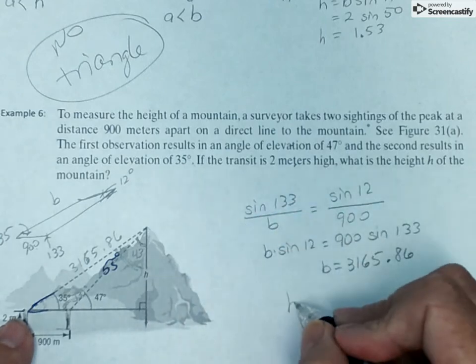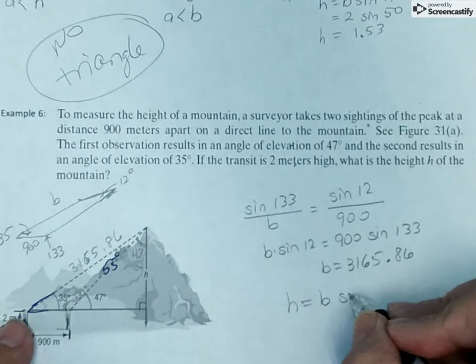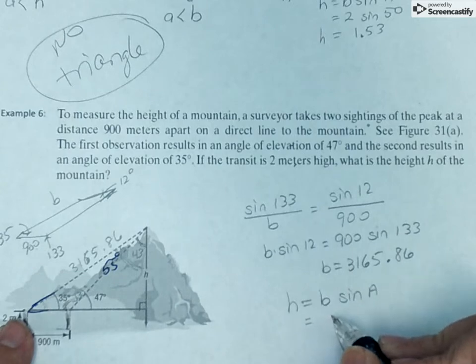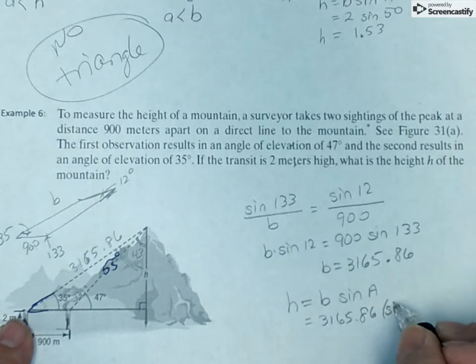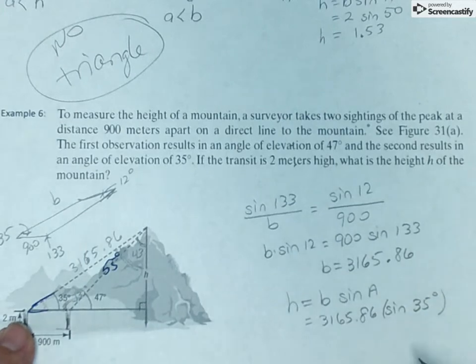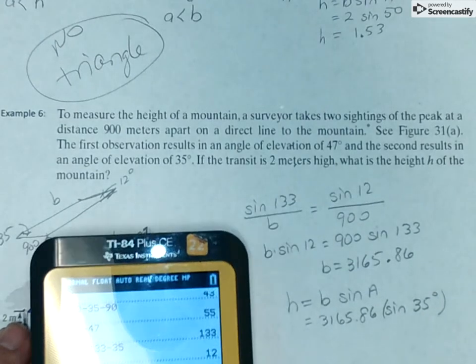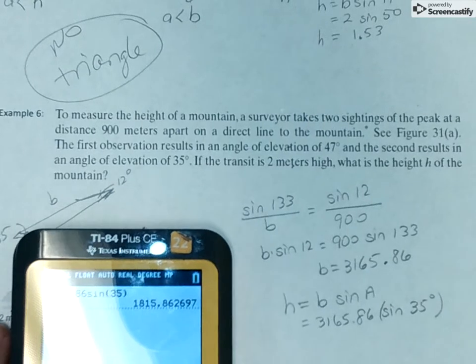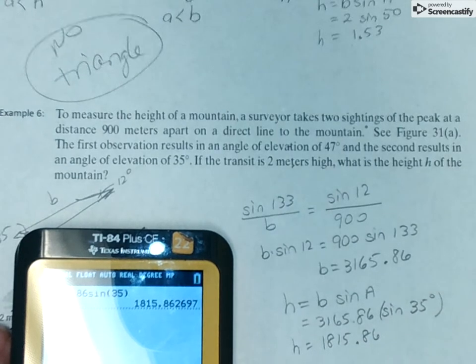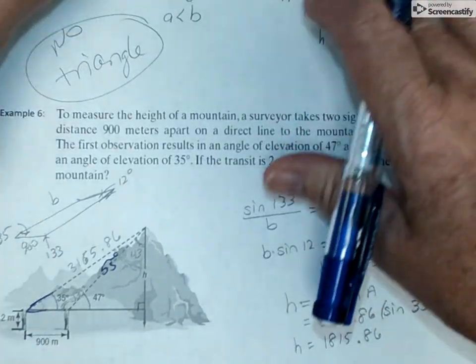So remember, we have height is equal to B times sine of angle A. So my height is going to be B, which is 3,165.86, times the sine of angle A, which was 35 degrees. Plug this in the calculator again, and we get that the height is equal to 1,815.86. We're keeping 2 decimal places. So there is my height.